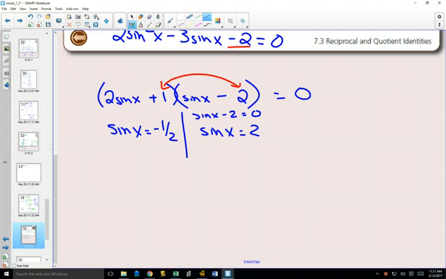Then the outside, this will be minus 4 sine x, and this one will be plus 1 sine x, and the outside and the inside will combine to give me a minus 3. Okay? So that's how we go about doing the check to see if it works out to what it was before.